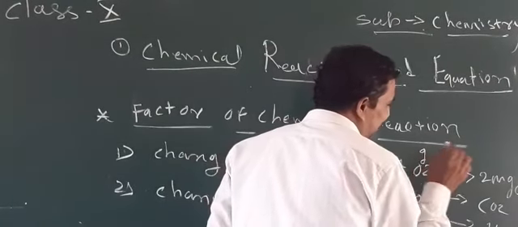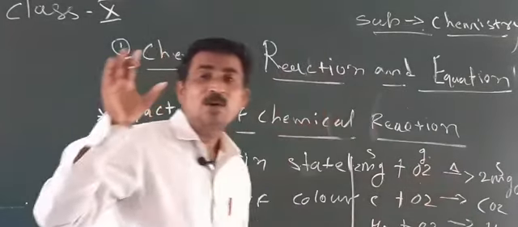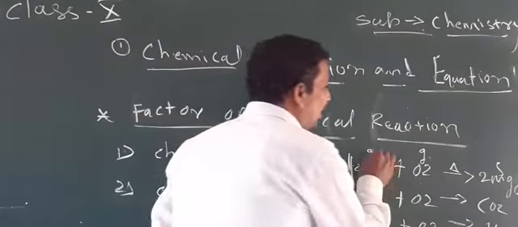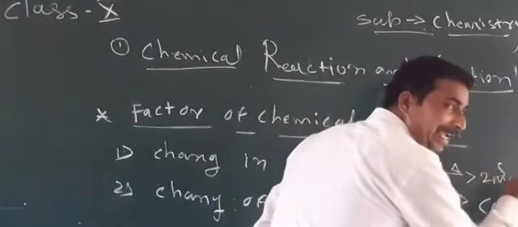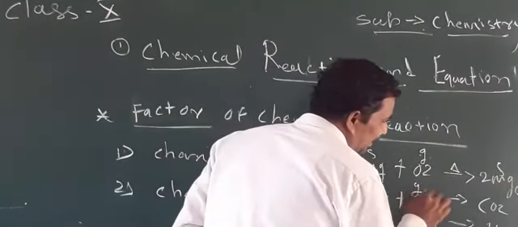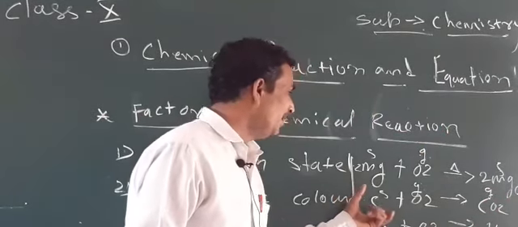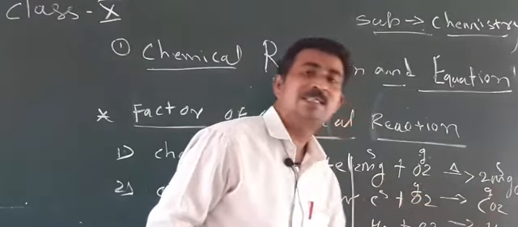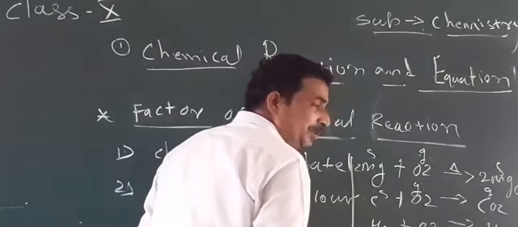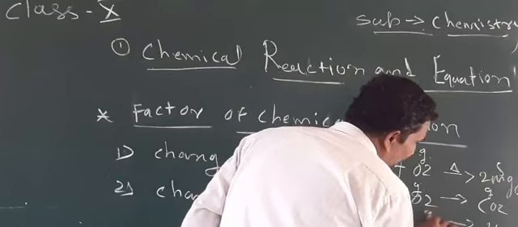Oxygen is a gas, and the ash is again a solid. So in the first reaction the states change from solid and gas to solid. In the second reaction, carbon is a solid, oxygen is a gas, and carbon dioxide is a gas. In the third, H2 is a gas, oxygen is also a gas, but water is a liquid.